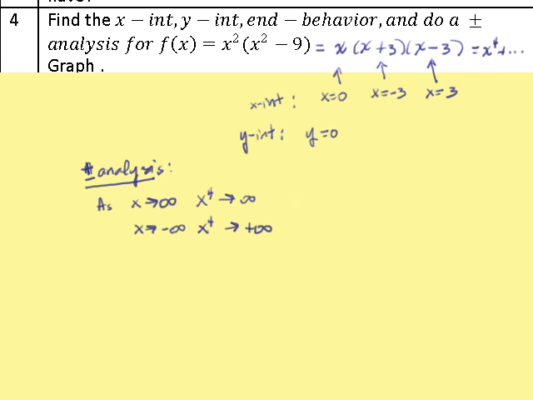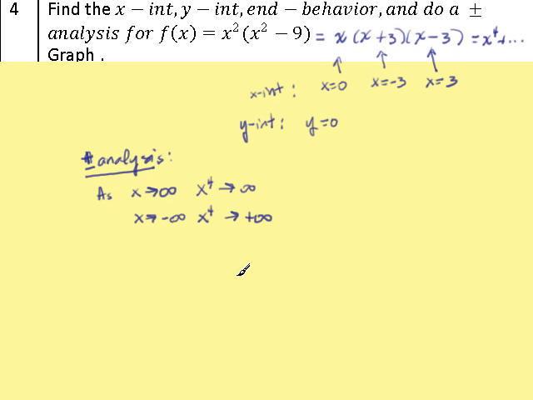All right, so now we're ready to graph. We can do the graph together with the plus-minus. We'll put in the x-intercepts. So we have 0, we have 3, and we have minus 3. Now, notice because of the x squared, actually I see I forgot to include that here when I factored.